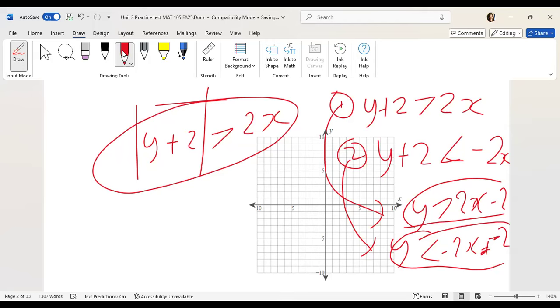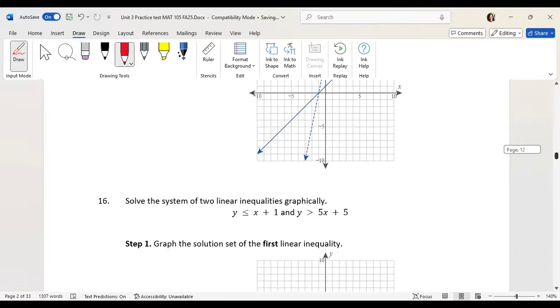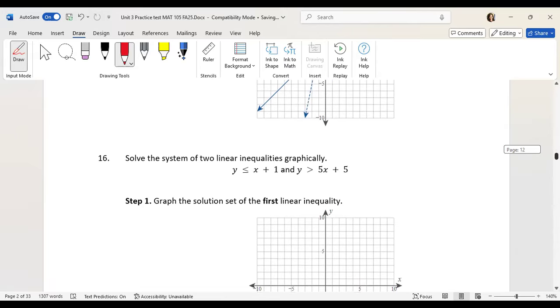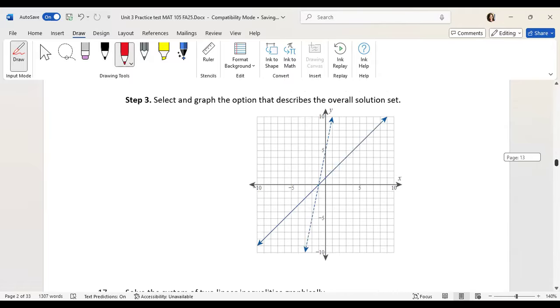All right. Let's see. Solve the system of two linear inequalities. This looks like the one we just talked about. Number 16, we have already talked about that.